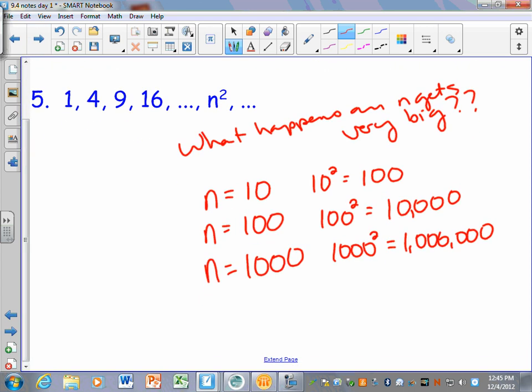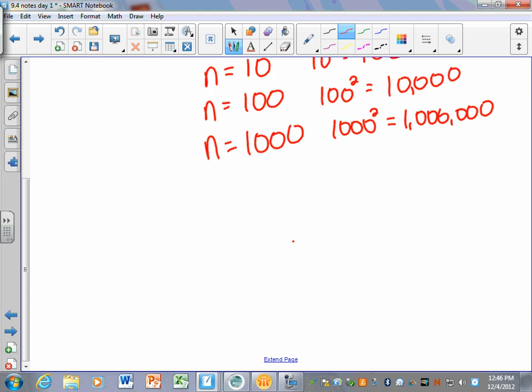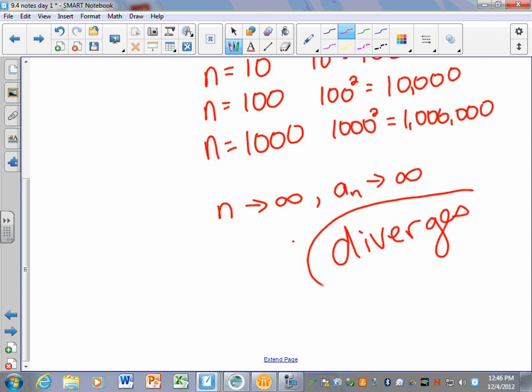So we could say, mathematically speaking, as n goes to infinity, a sub n is also going towards infinity in this one. It's not going towards a specific number, and that means, our new vocab word, that it diverges. It doesn't reach a number.